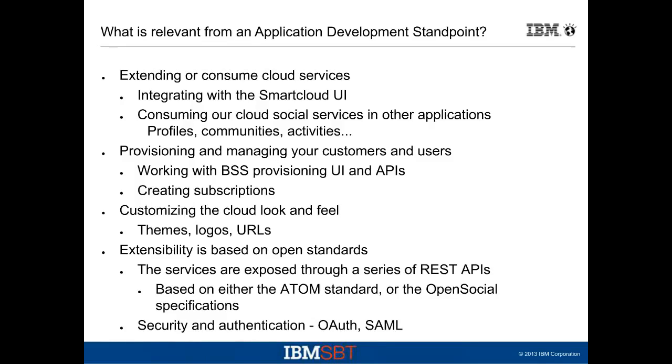And you can also customize some of the URLs and the logos of your company, so you can add the logo of your company to the UI. Finally, everything that we're talking about here is based on open standards. All the APIs are available through a REST interface, and the payload that is being exchanged between your application and SmartCloud for Social Business is either Atom or JSON, based on the open social specification.